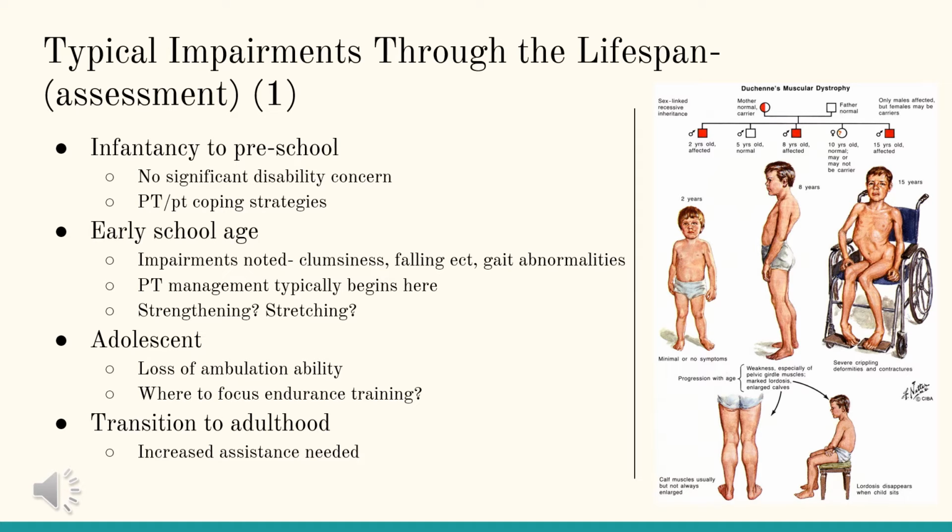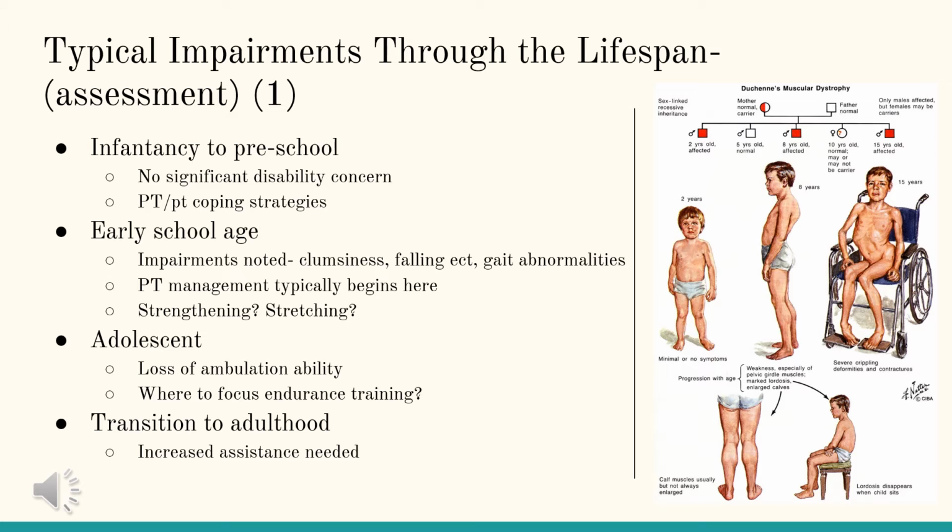Overall, on this slide, we need to think about what we should be assessing during treatment of these patients during the different parts of their lifespan. At the beginning, maybe more education on what to expect with the diagnosis, and early on, we are working on stretching, ambulation, and working on function, as this can be done by taking range of motion measurements, manual muscle testing, and gait speed tests.